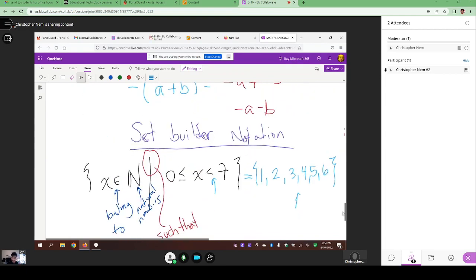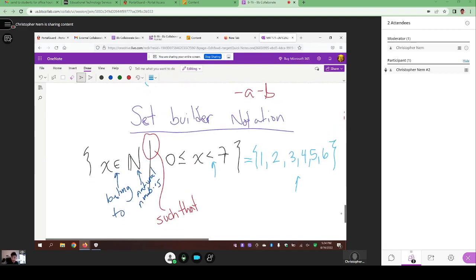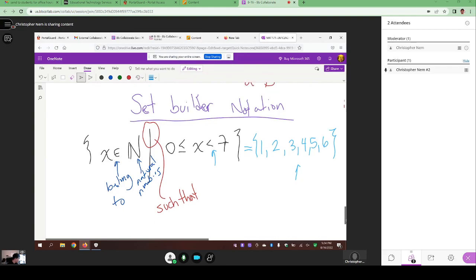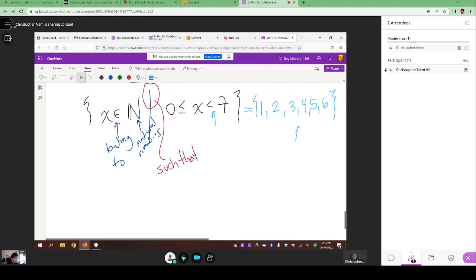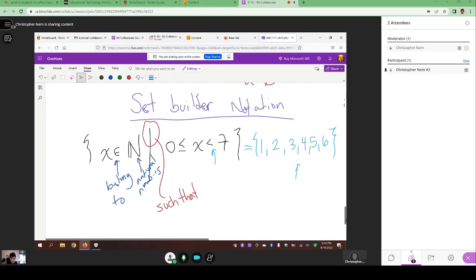And then there's one other type of notation we need to understand. Set builder notation is really good for finding the collection of objects. Now, the problem is, hey, what if our collection of objects is on a number line? You can still do this.